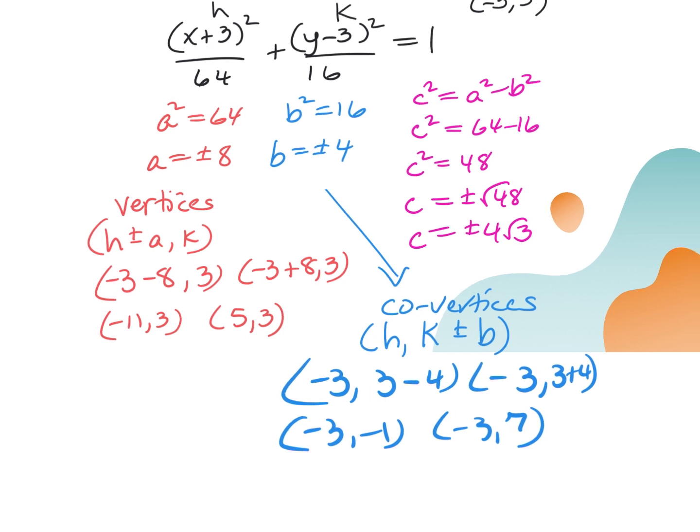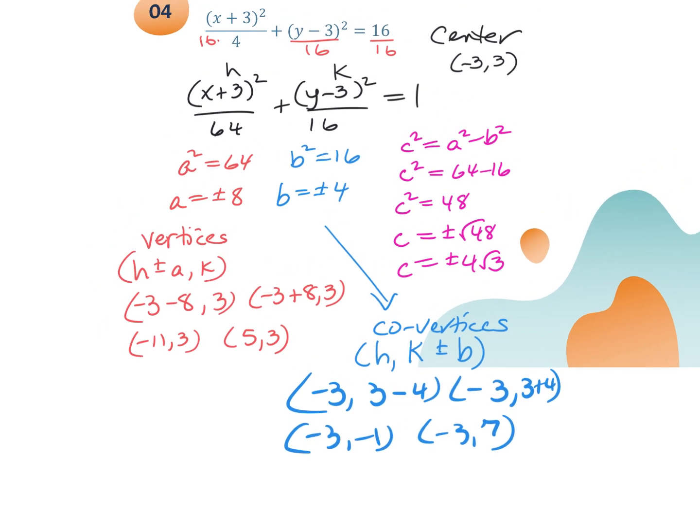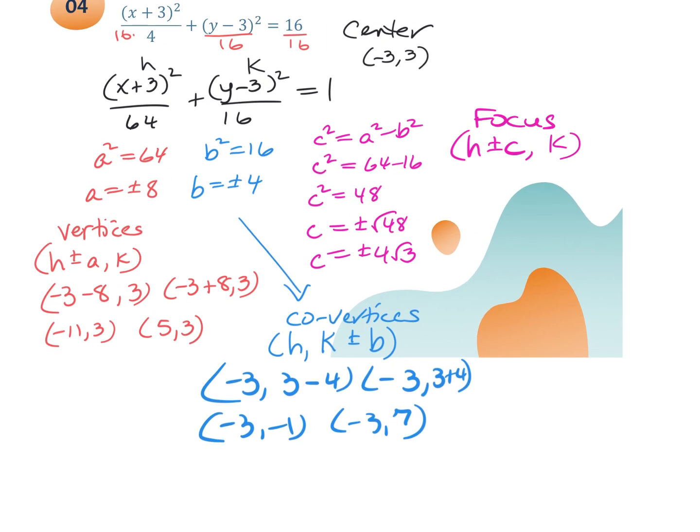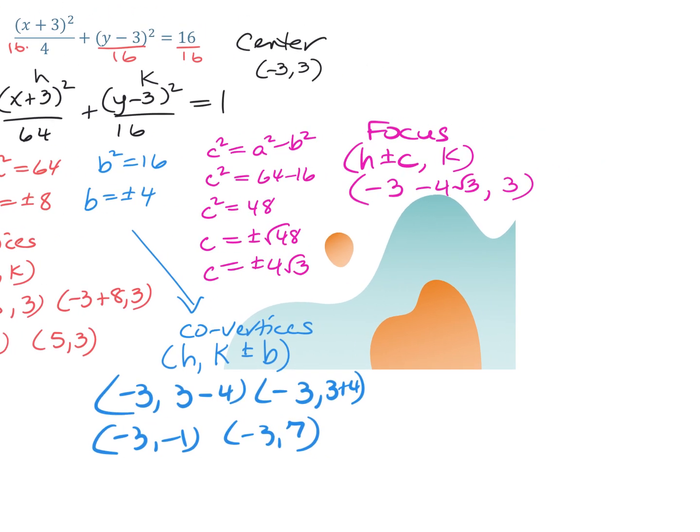And now we're going to do the same thing for the foci. It's the same as the vertices, so we're going to add and subtract C to the H of the center. So negative 3 minus 4 square root 3, comma 3, and then negative 3 plus 4 square root 3, comma 3. And you just leave it like that.